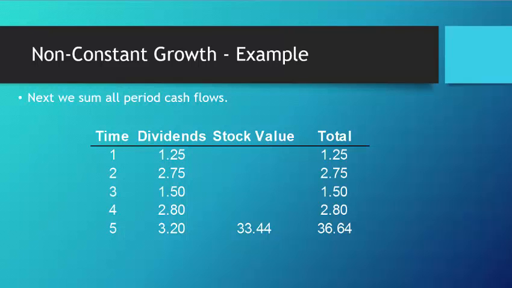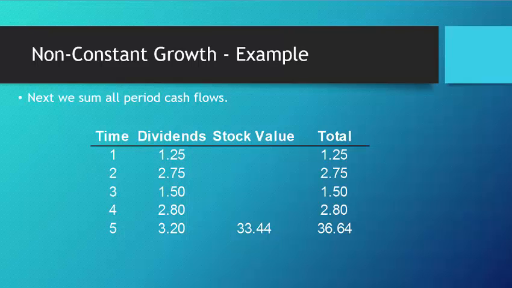Now all we have to do, because now we've taken into account every single cash flow from time 1 through infinity, it's just that the cash flows from 5 to infinity are all in time 5, so we don't have to go beyond that.